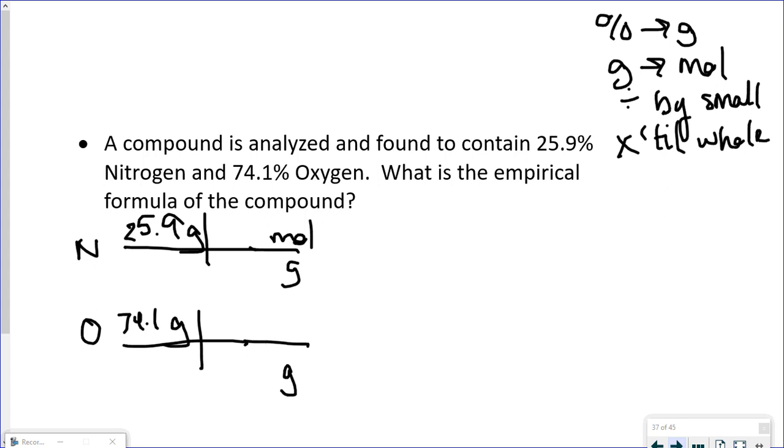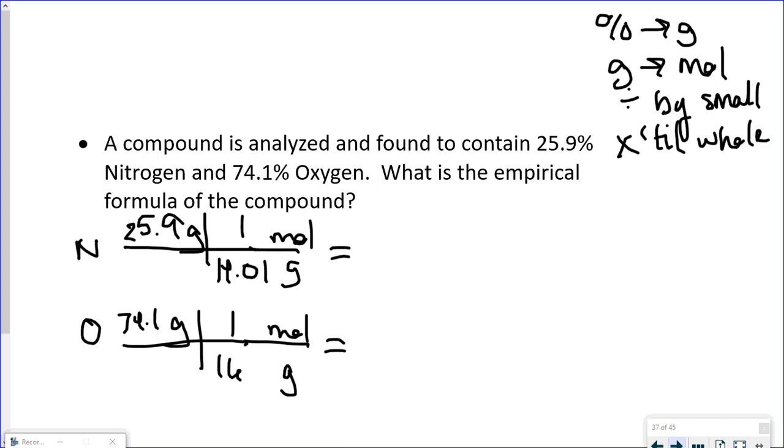And that's going to be the same for both substances. So remember, grams per mole is the molar mass off the periodic table. So for nitrogen, it's 14.01 grams per 1 mole. Oxygen, it's 16 grams per 1 mole. And note here, oxygen is not diatomic because it is in a compound.